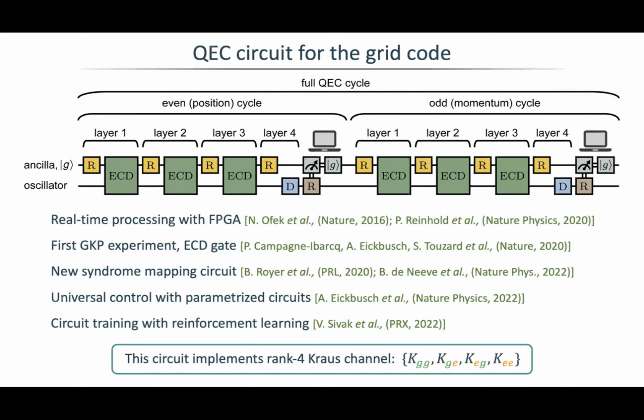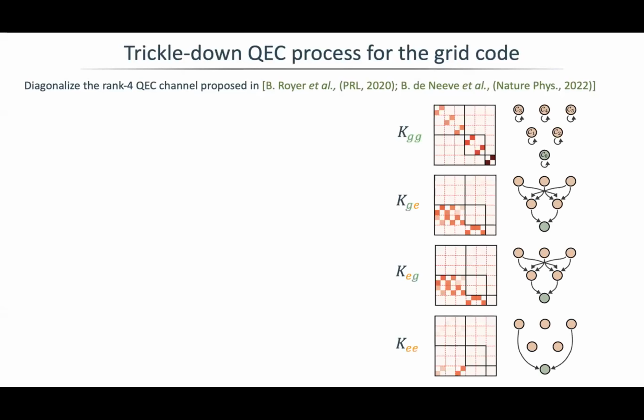So there are four possible combinations of these measurements, and that means that this circuit implements a channel of rank 4. So there are 4 Kraus operators, and we can label them using measurement outcomes from this circuit. So what are these Kraus operators? Well, this is how they look. You should compare this to that simple example of the repetition code.